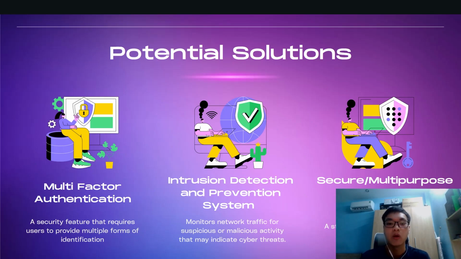By deploying a network-based IDPS, Papaya International Hospital can detect and prevent potential cyber threats such as DDoS attacks, unauthorized access attempts and other network-based attacks, therefore improving overall network security and protecting sensitive patient data.